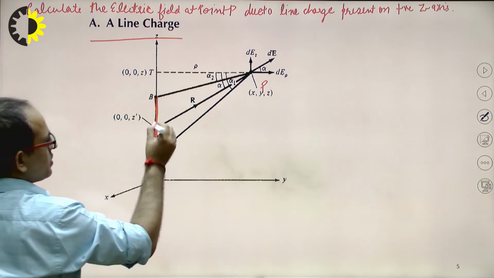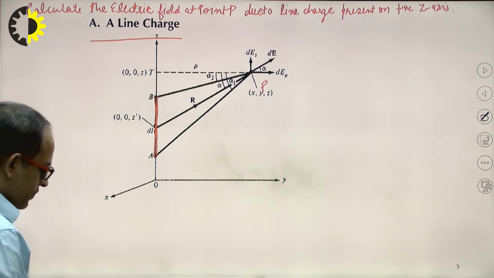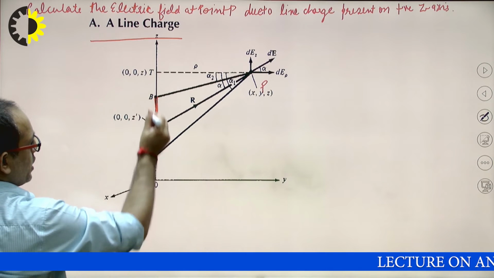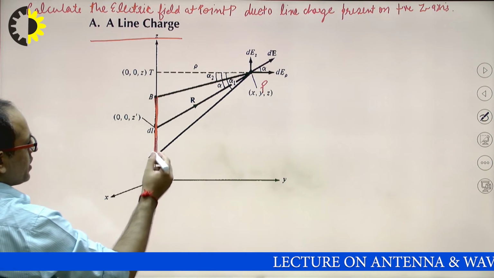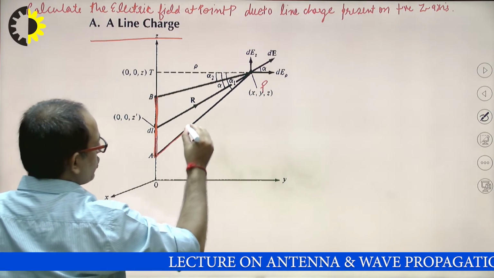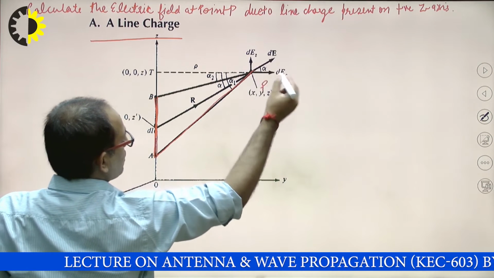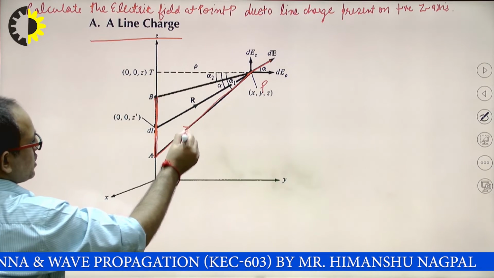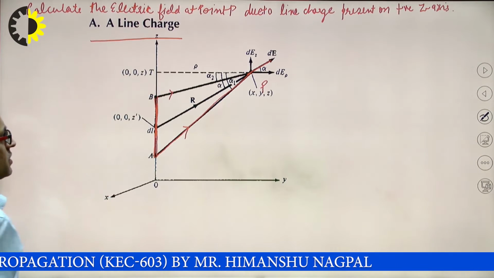First you will see that there are a number of point charges along AB. The electric field due to one point will be in this direction, and another will be in this direction.